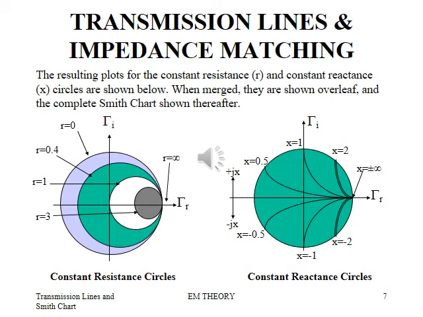When your X is infinite, then your radius is 0, and your center is at gamma I equal to 0, while gamma R is 1. So it's right at the end of the Smith chart, at the point right at the end of the Smith chart.